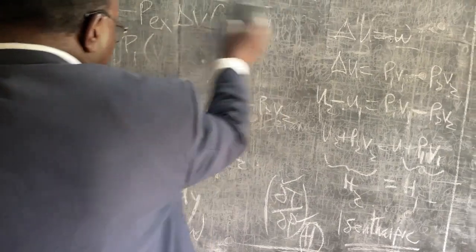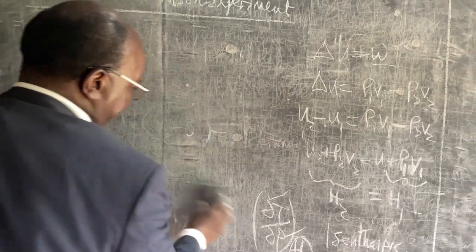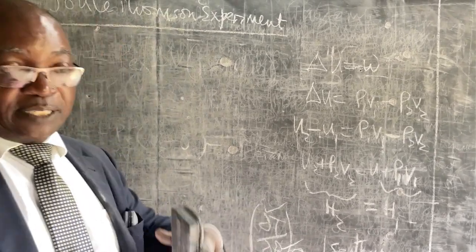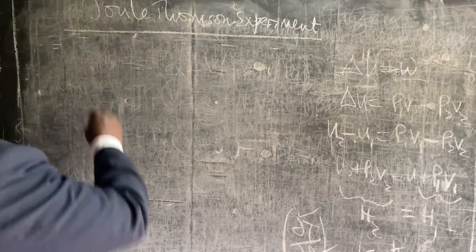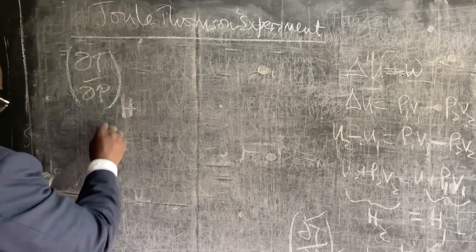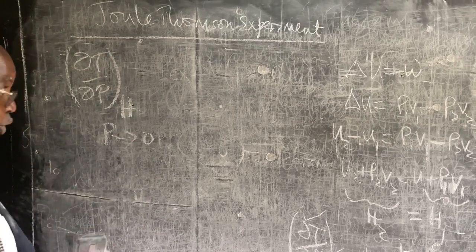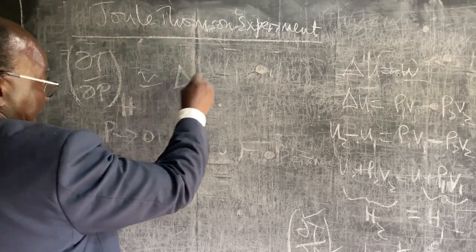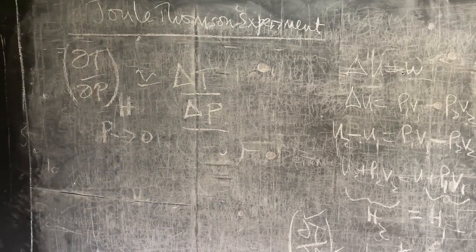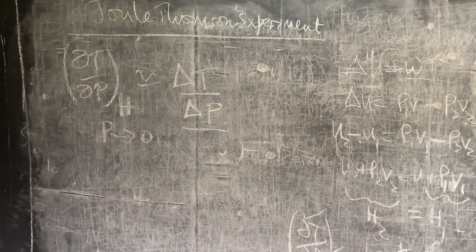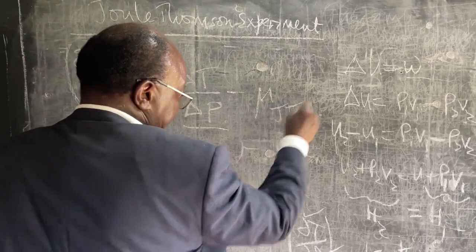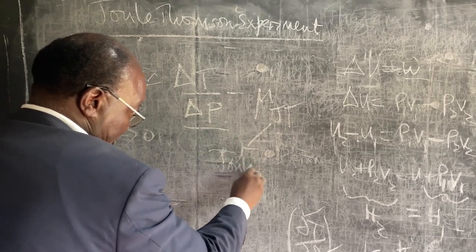Now, in the limit of very low pressures, why low pressures? You know that gases behave as ideal gases in the limit of low pressures, that is, pressure tends to 0. So in the limit of low pressures, this coefficient which we have determined is approximately, accurately measuring delta T over delta P. And this ratio, delta T over delta P, is what we call the Joule-Thomson coefficient, denoted as mu JT.